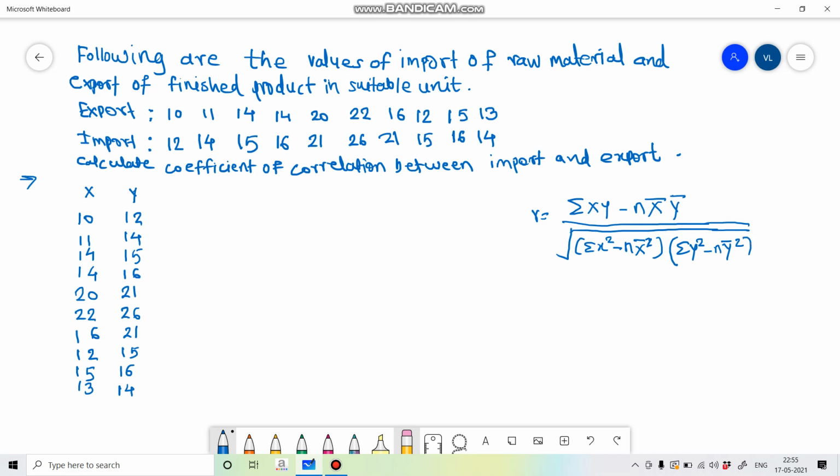Okay, this is the formula of r, meaning the coefficient of correlation.